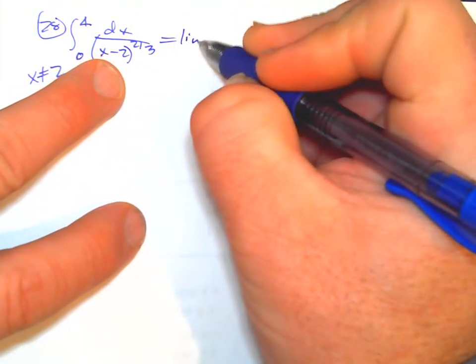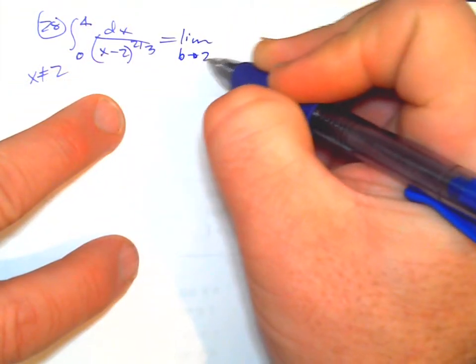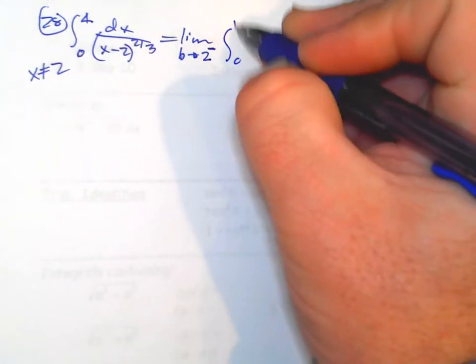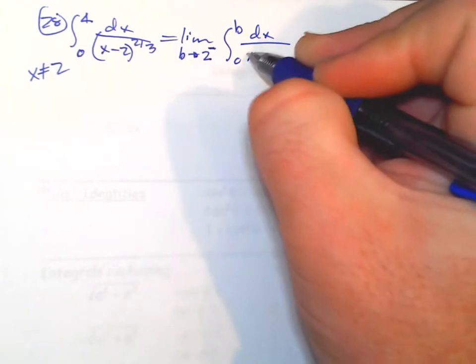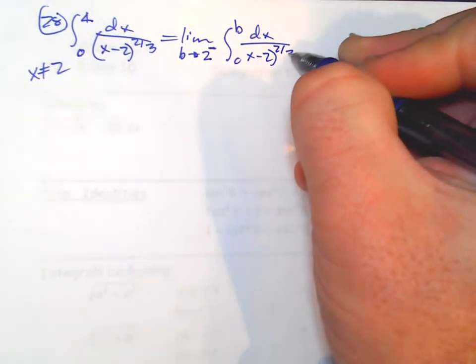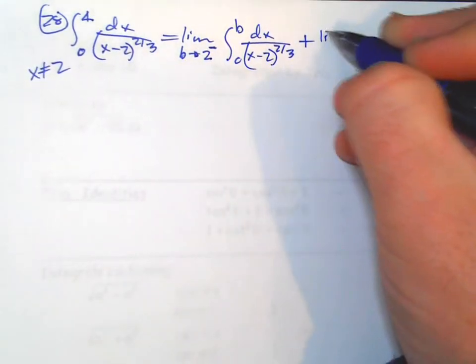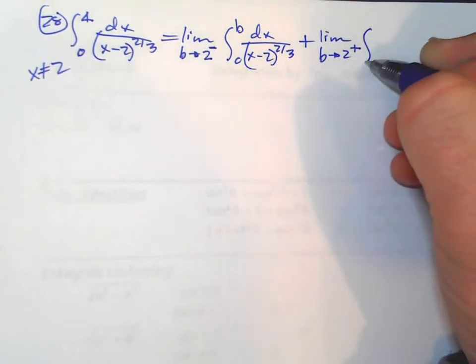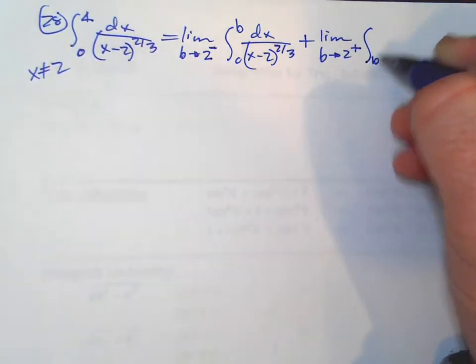So this is going to be the limit as b approaches 2 from the left of the integral from 0 to b, plus the limit as b approaches 2 from the right side of the integral from b to 4.